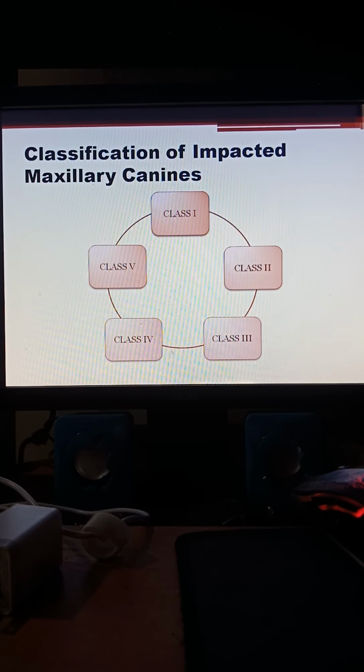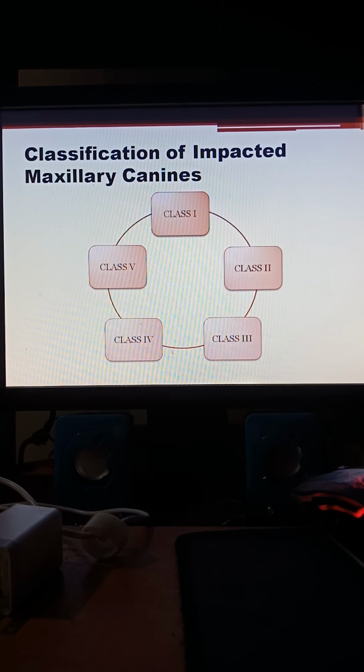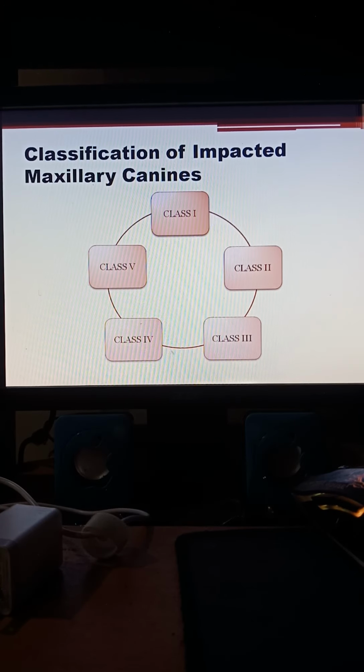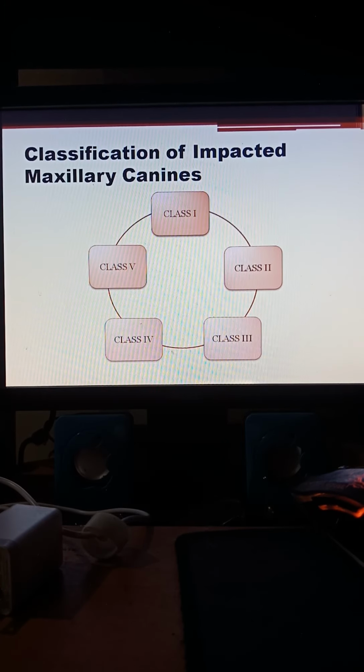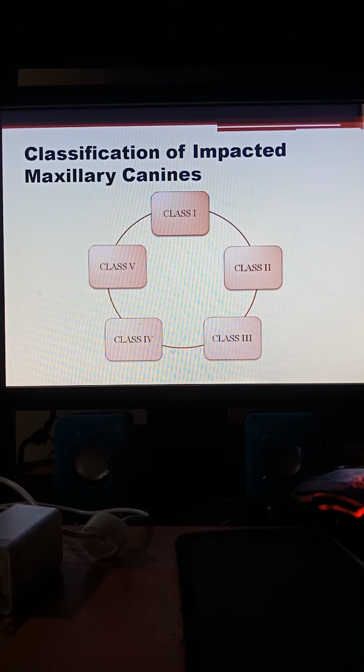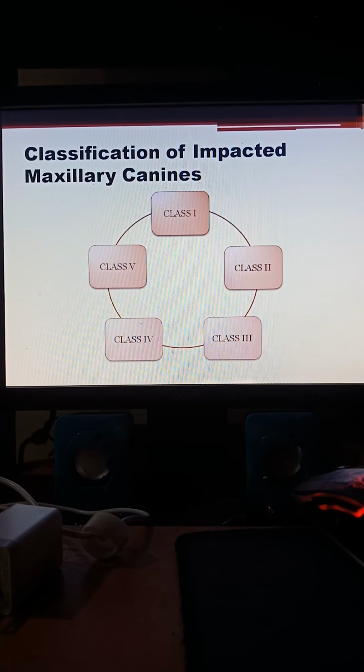Class 3, impacted maxillary canine located in both palatal and buccal alveolar bone. Class 4, impacted maxillary canine located vertically between incisors and premolars. Then Class 5, impacted maxillary canine located in edentulous maxilla.